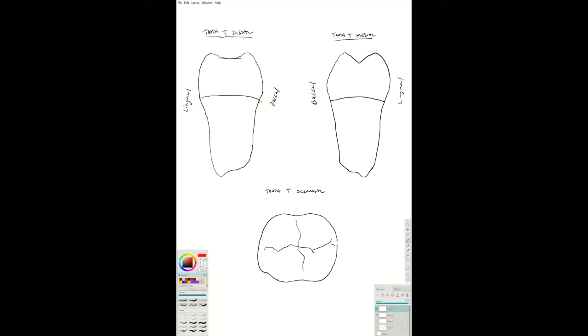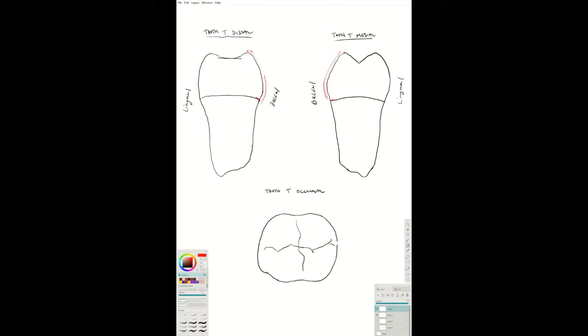Again, we're going to have this accentuated curve coming up from this CEJ area, and it's going to be in that cervical third of the crown where we see this very convex shape to the crown, and then it's going to very quickly move back towards the midline into the cusp tip up here on both sides. It's not quite as drastic as we can see on the lingual. It's a much more graduated curve.